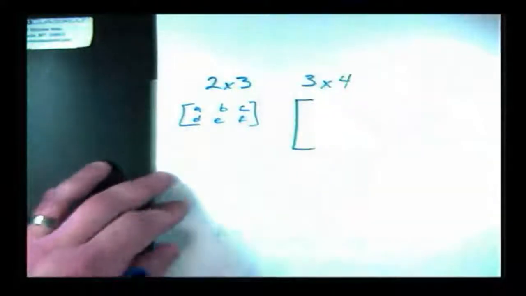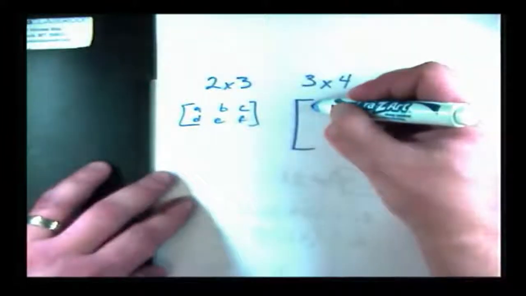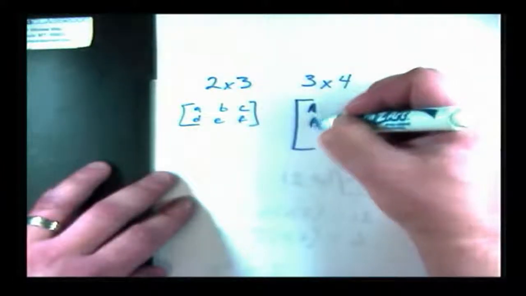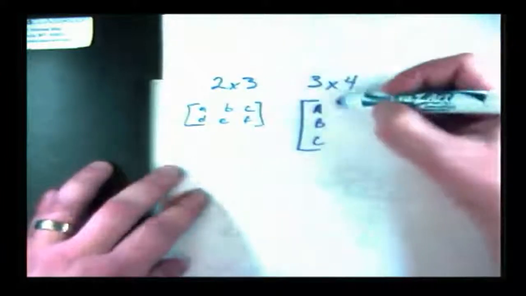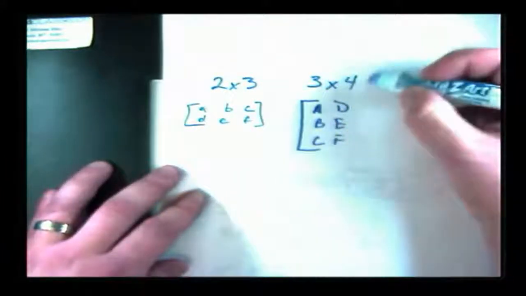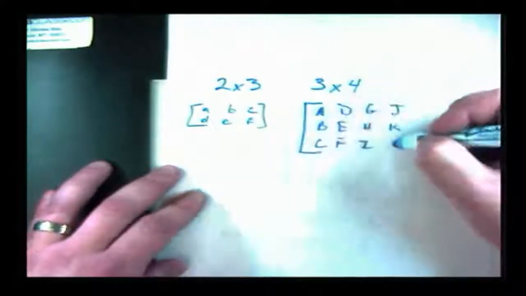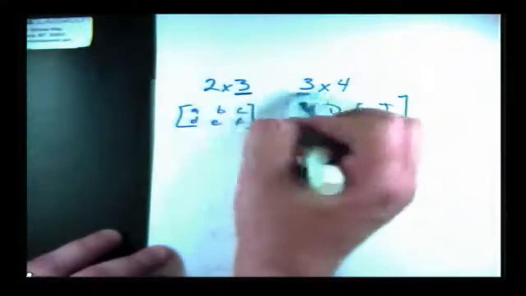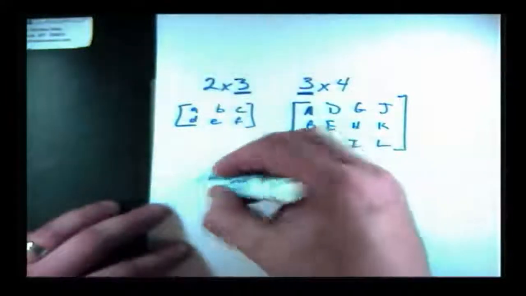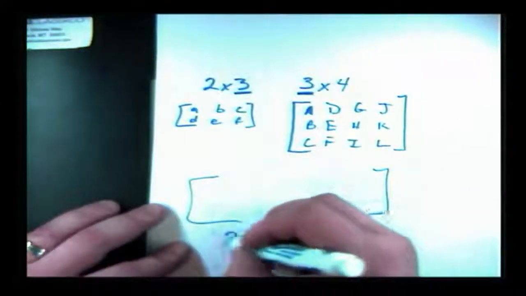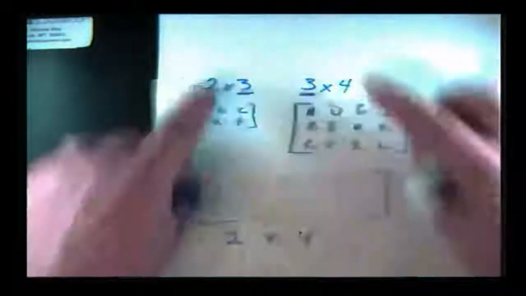And this would be 3 rows, so we'll do A, B, C, D, E, F. Three rows, 4 columns. But the point is, since those match, we both have 3's, when we multiply this, our resulting matrix is going to be some 2 by 4 matrix. Get the outsides is what we get.